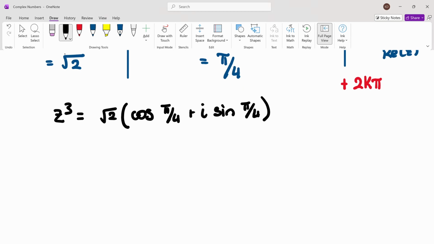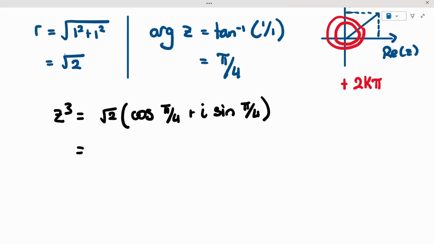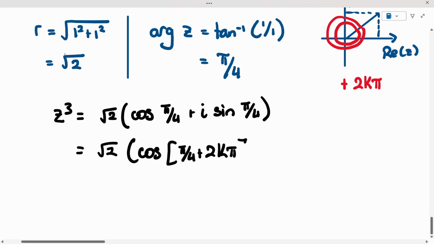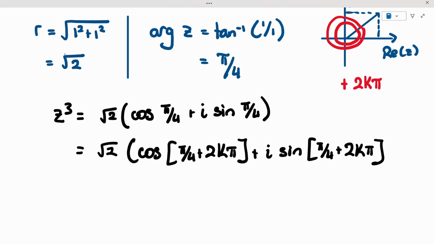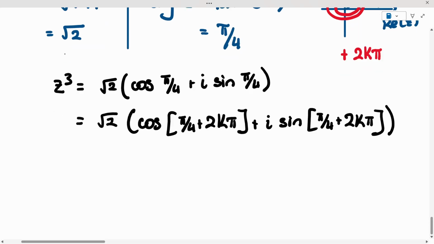And we could write z, root 2 cos pi on 4 plus 2k pi, plus i sine pi on 4. And regardless of the value of k, we should get a consistent number, right?